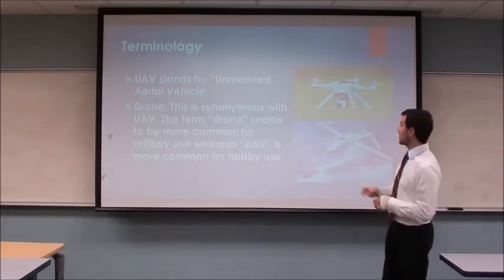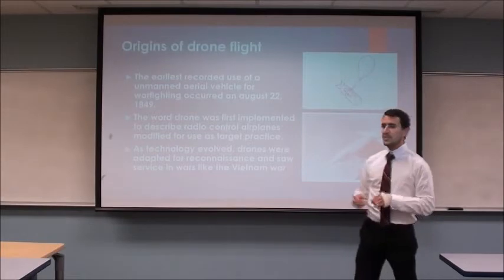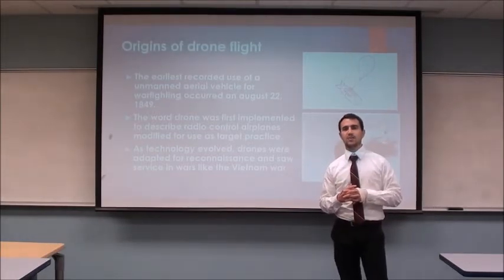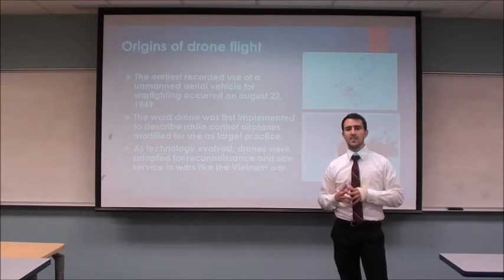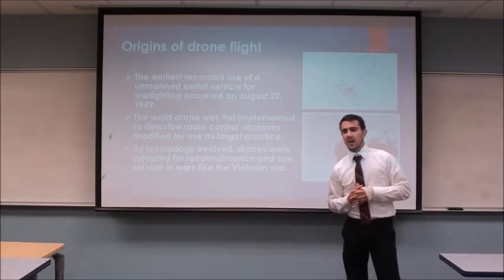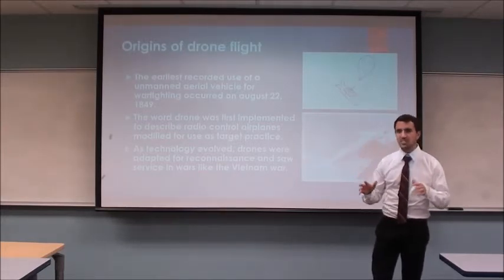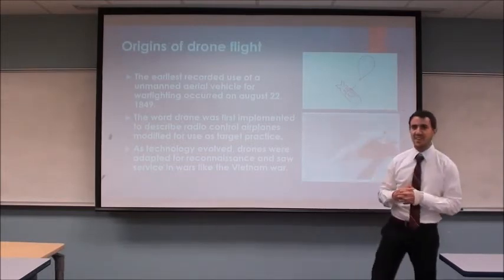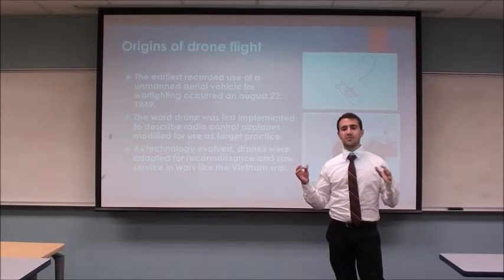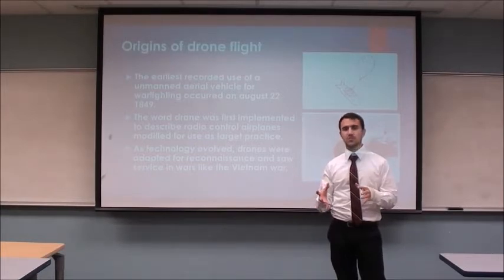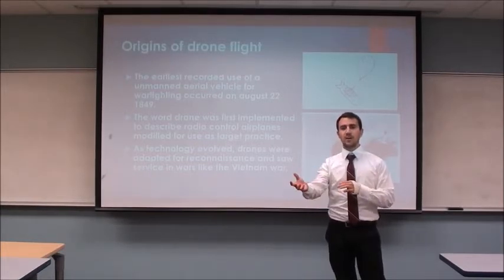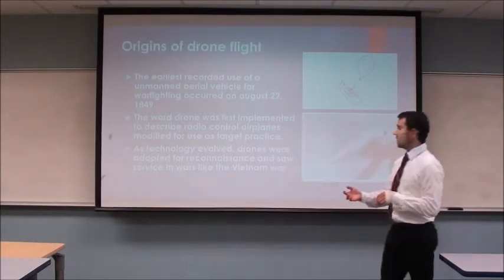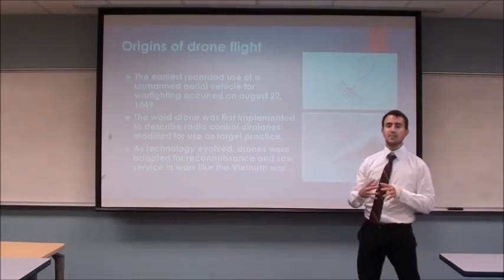So we'll move on to the next slide and talk about the beginnings of drone flight. The first actual documented case of an unmanned aerial vehicle happened around the early 1400s when the Austrian military actually strapped a bunch of bombs and explosives to hot air balloons and sent them across their border to Venice in an attempt to attack the Italian military.